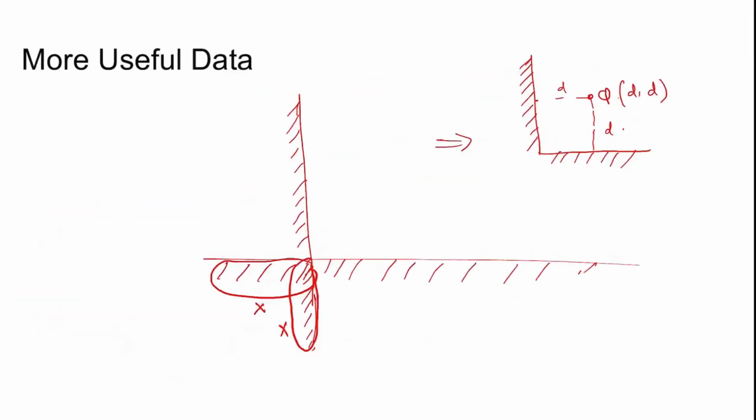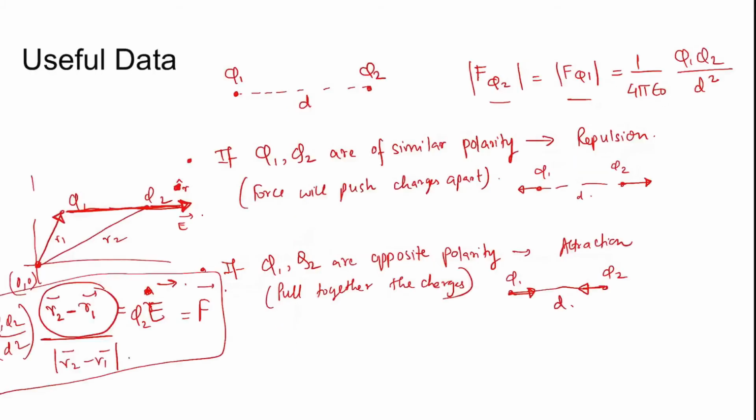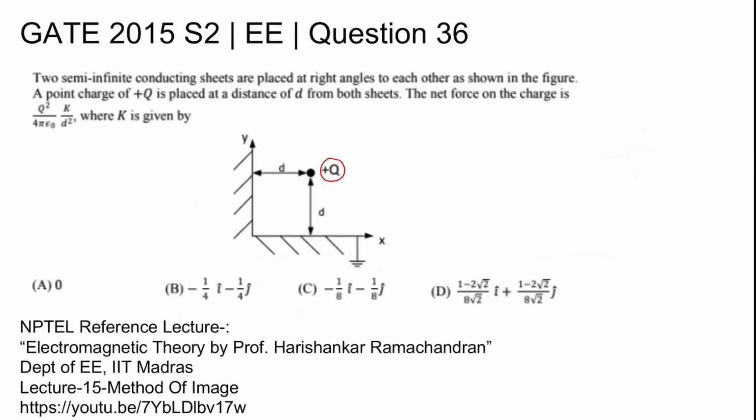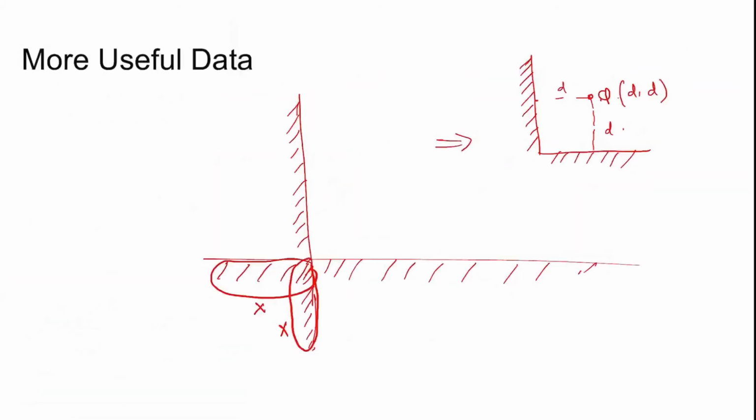Now we have to find the force on q due to these two semi-infinitely charged plates. Now these are conducting sheets, so this is equivalent to placing a plus q charge here and following the method of image charge.